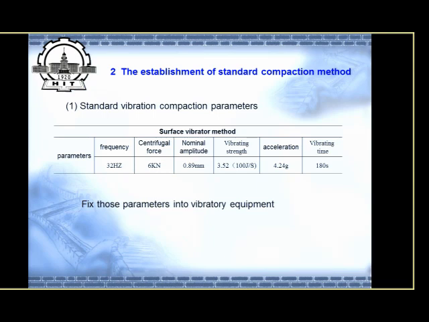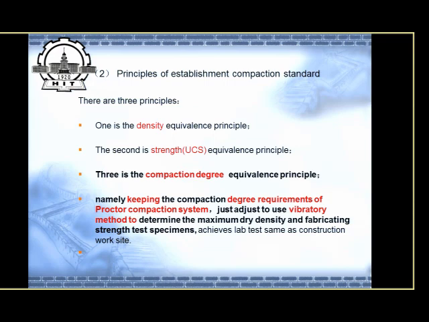We use the best parameters we have put forward and fix these parameters into a vibratory equipment. And there are three principles for the establishment of the compaction standard. One is the density equivalence principle, another is the strength equivalence principle, and the third is the compaction degree equivalence.